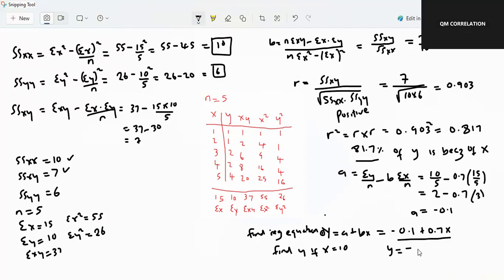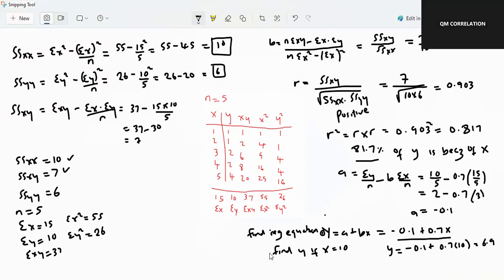So negative 0.1 plus 0.7 times 10. The final answer will be 6.9. So it means that if your advertising is 10 million, maybe your sales will be 6.9 billion.